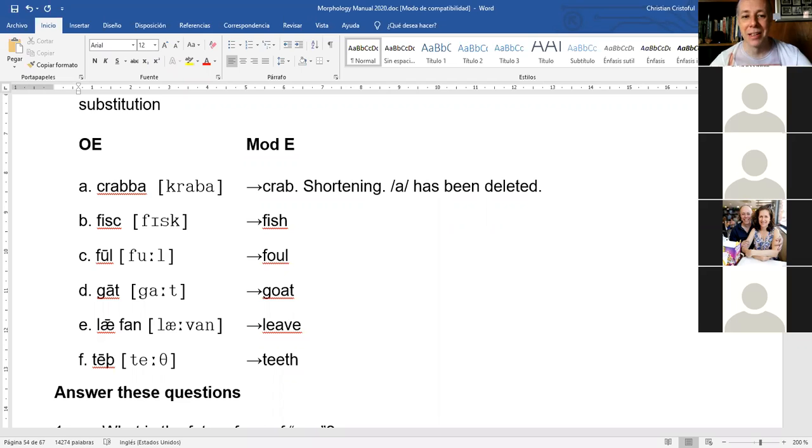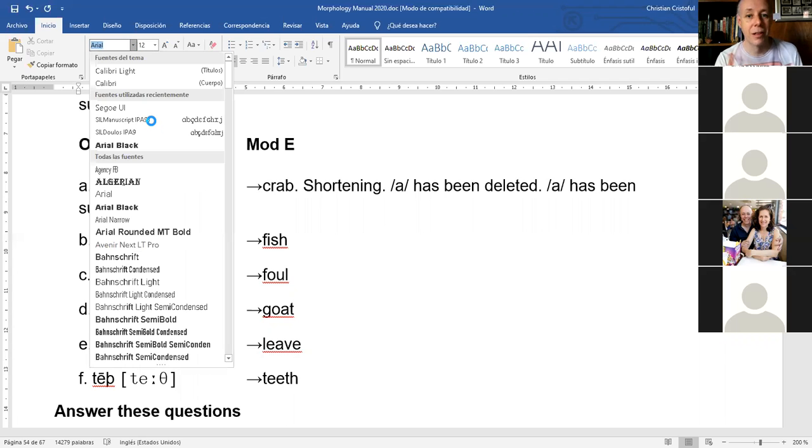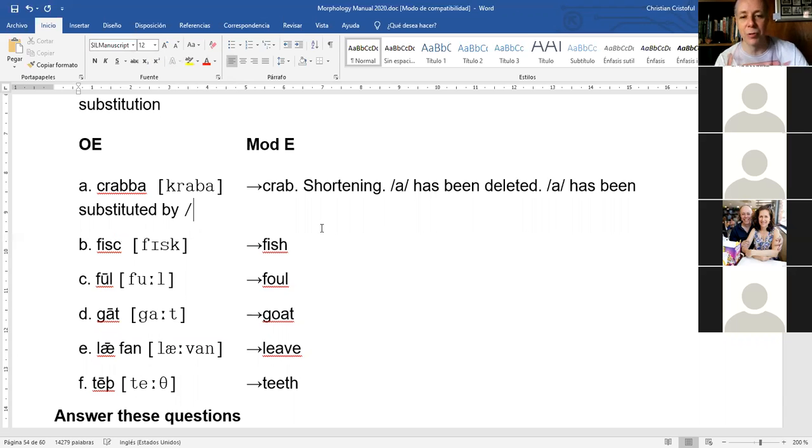Tell me. The A that is next to the R is pronounced differently. It has been substituted by which sound? Does anyone know which sound? No, it's an A. The A has been substituted by which vowel sound?